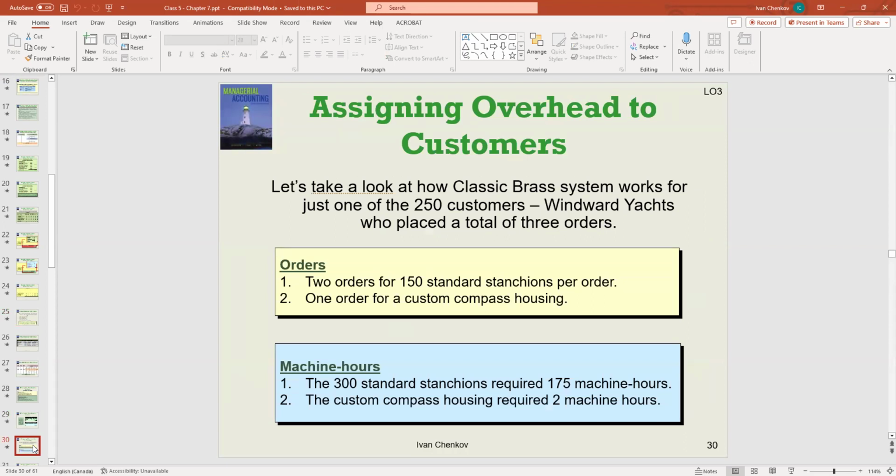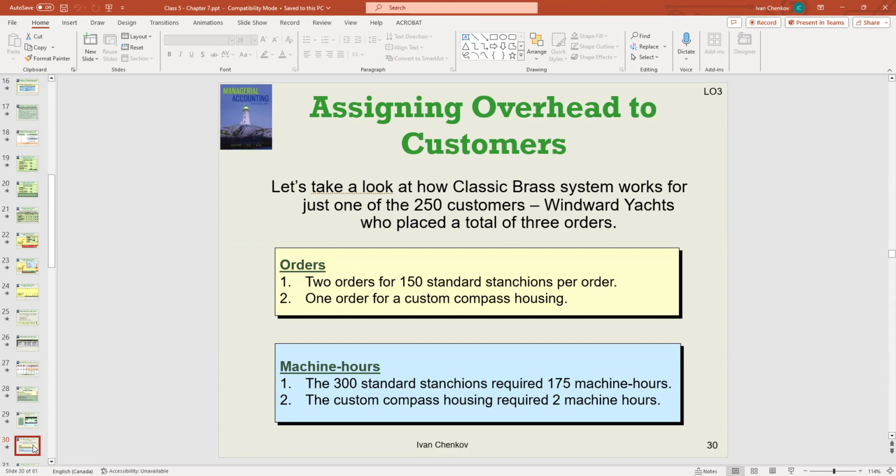Now the question is, can we go deeper? Can we calculate the cost per customer? Yes, we can. The only thing that we need is the information about that customer. So that particular customer has 2 orders for 150 standard sanctions per order, and 1 order for the custom compass housing.